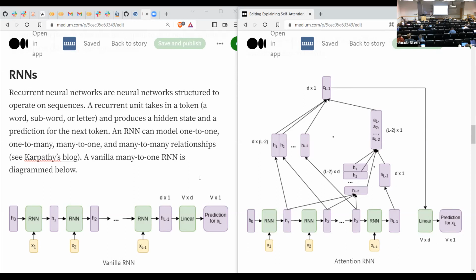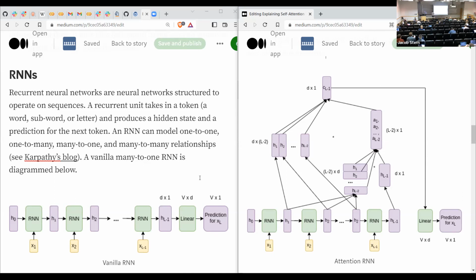So I want you to take a look at this vanilla RNN and this attention RNN next to each other. The reason I wrote my own blog post on this is because I wanted to simplify these to show the similarities between them. So we've taken out a lot of details to show, on the most fundamental level, how RNNs, attention RNNs, and self-attention are related to each other.